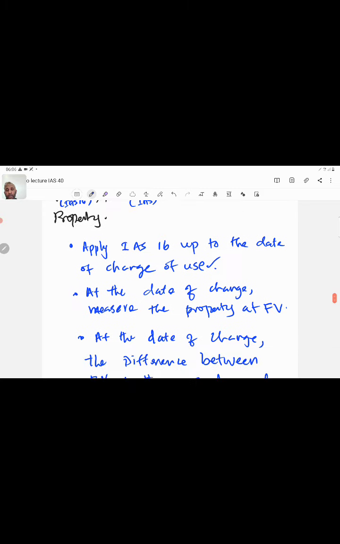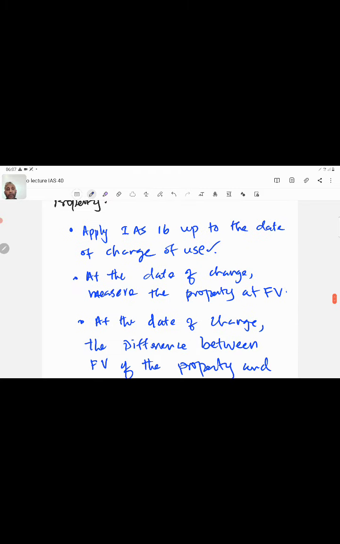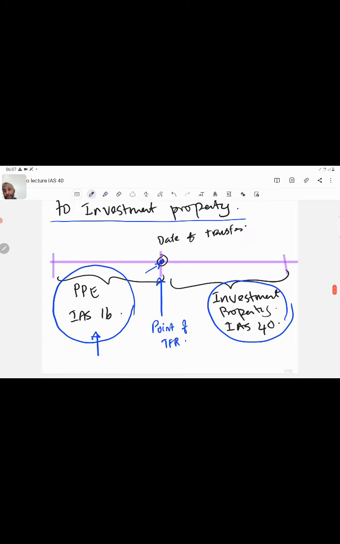At the date of the change, measure the property at fair value. We need to remeasure the property here at this date, using fair value.